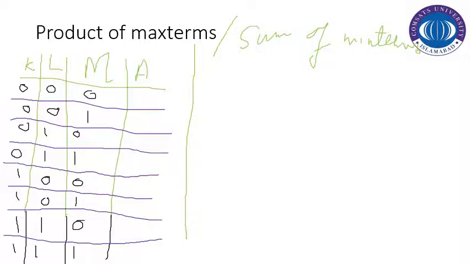And let us assume, for the sake of our implementation discussion, that we've got the output that is equal to 0 1 0 1 1 0 1 0. So I have written some random outputs. For example, we've got a system of three literals K, L and M, and output is A, and whenever we apply this combination we are getting this result.